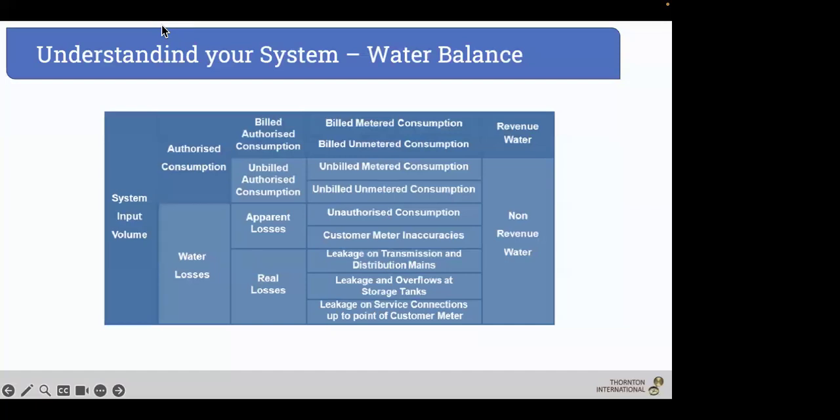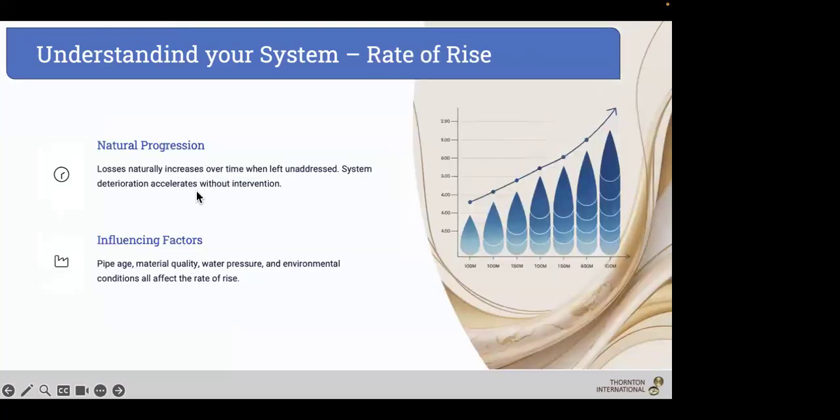Another really important thing is to understand that the water losses in your system will naturally increase over time if they are left unaddressed or you are not taking care properly.